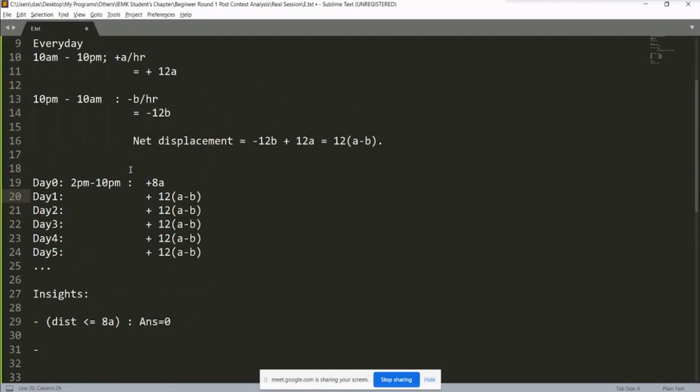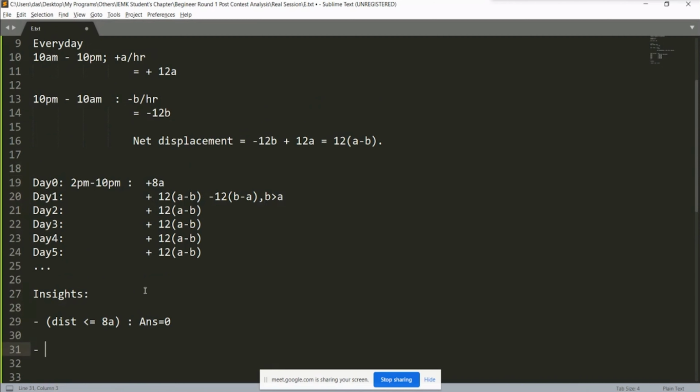So if B is greater than A, then we can write it as minus 12 of B minus A. That means that the net displacement would be downwards. It would keep falling down instead of rising up.